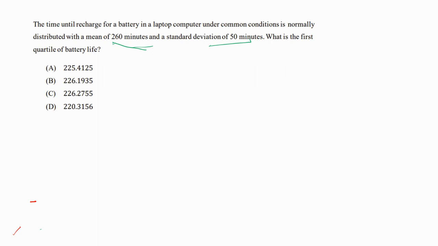You say 90 percentile, 95 percentile. So when we say percentile, that means we are dividing one region into 100 portions. Now when you divide it into four regions, then it will be quartile. So quartiles will be Q1, Q2, Q3, and Q4.